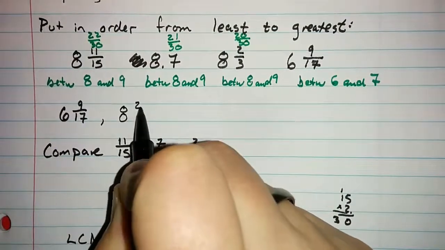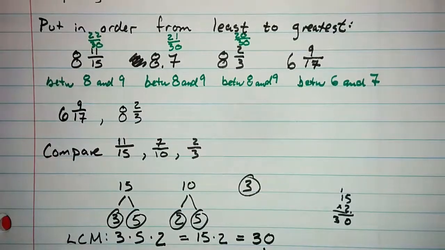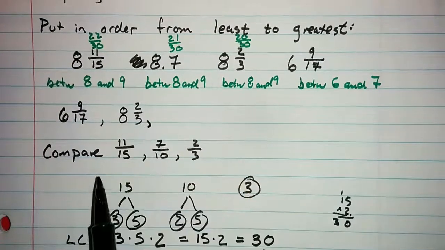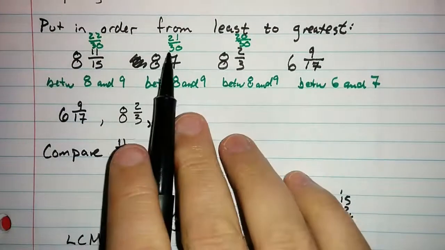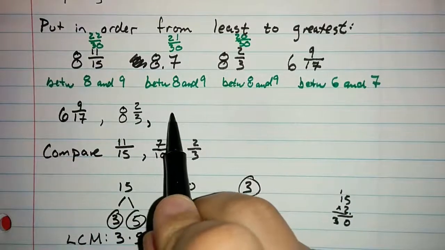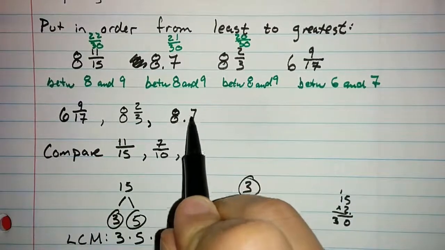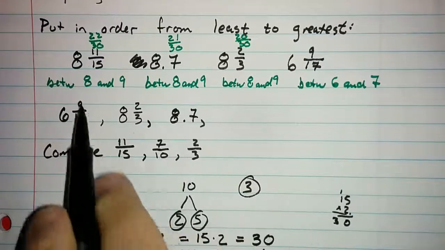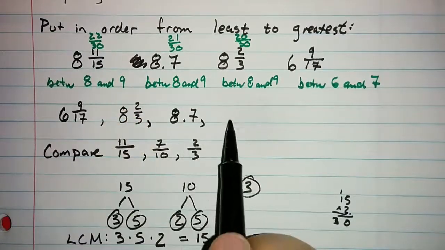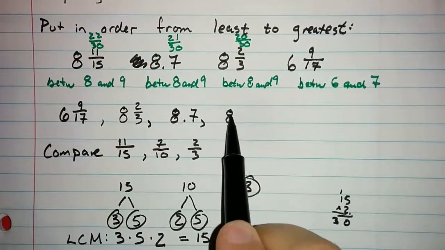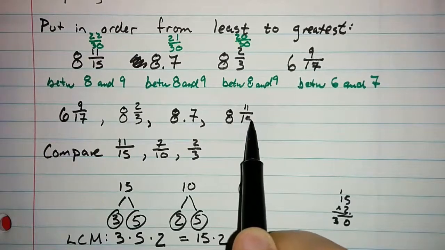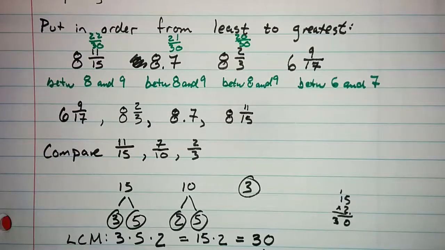So 8 and 2/3 will come next. Which fraction part comes next? 21/30. 8.7 will come next. And finally, 22/30. 8 and 11/15 will be last.